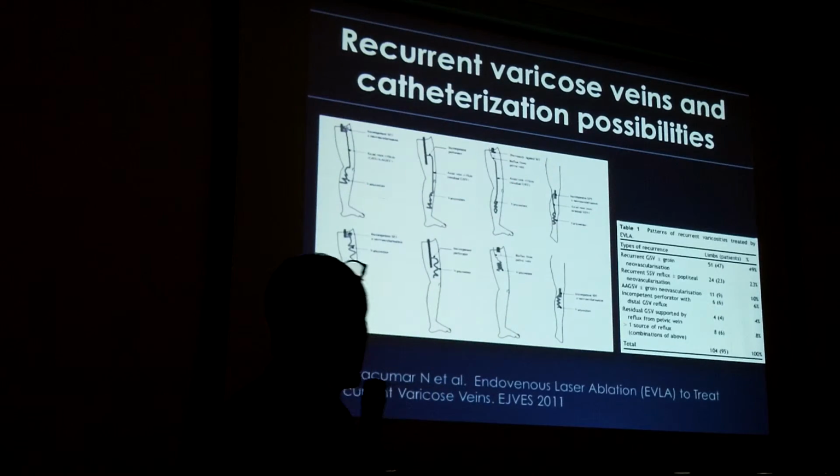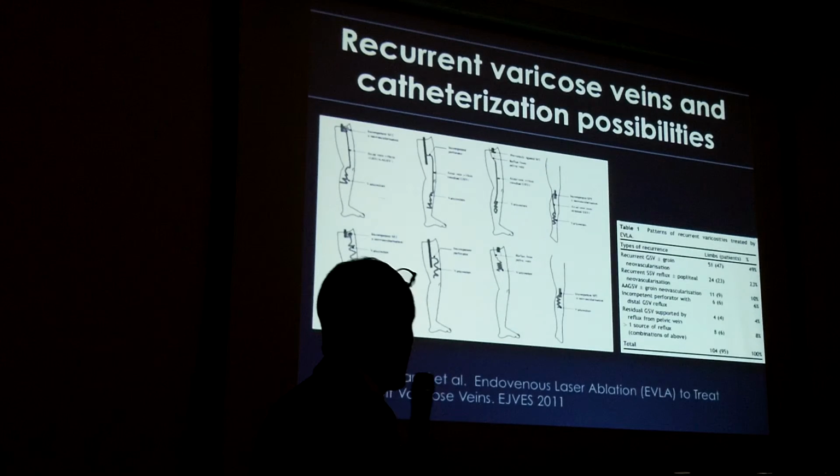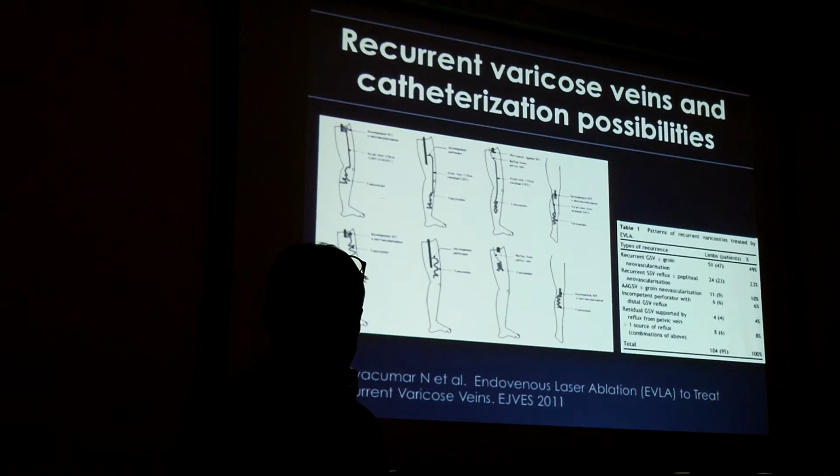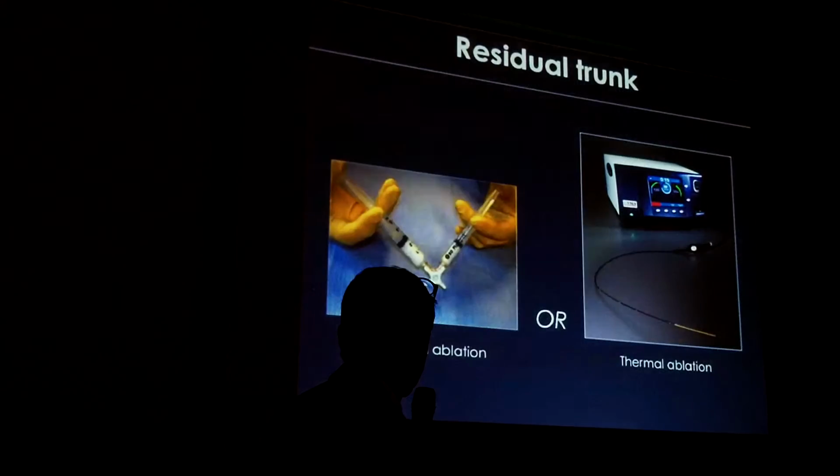But finally, there are cases in which there is a rectilinear trunk that can be treated with ultrasound-guided foam sclerotherapy or with thermal treatment. But there are cases where the recurrent varicose veins are very tortuous, and thermal ablation is ineffective, and surgery is very difficult to achieve.